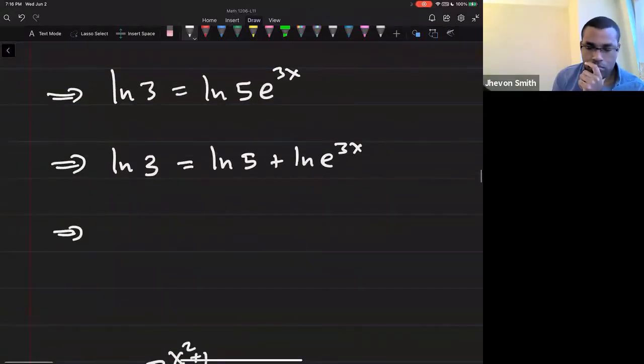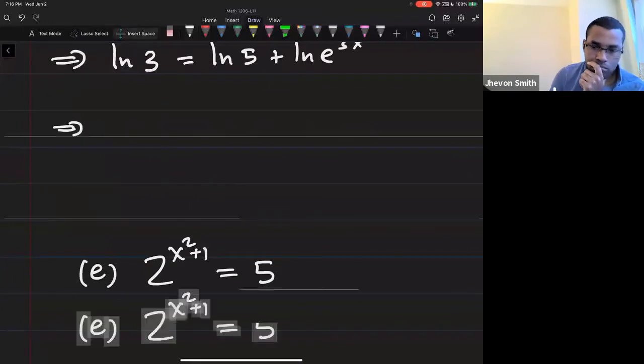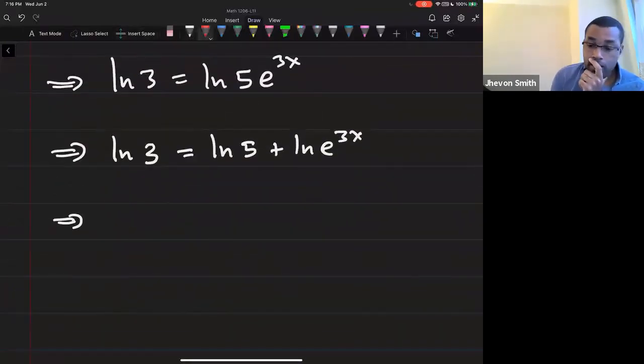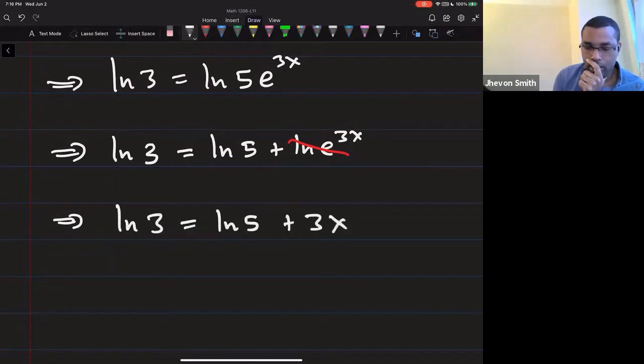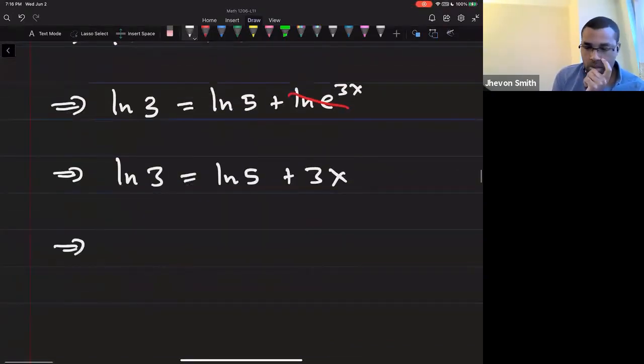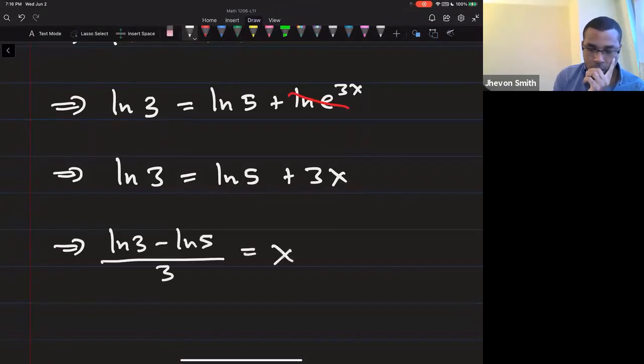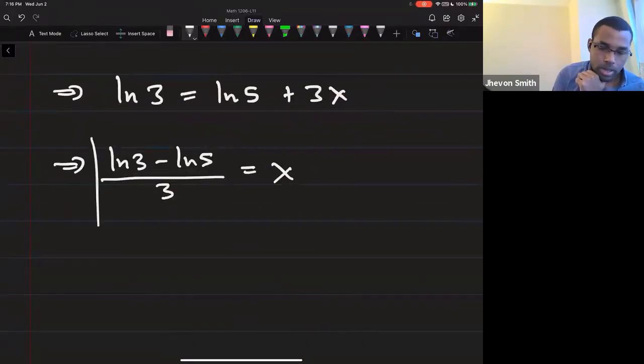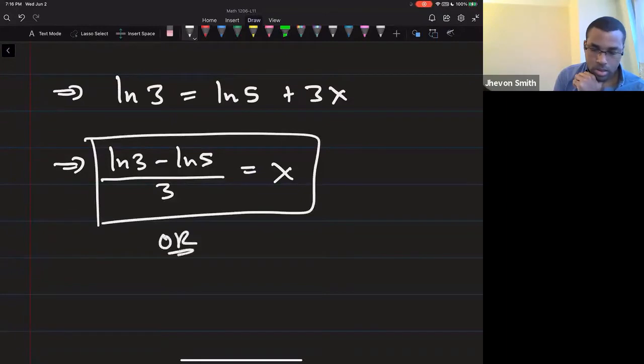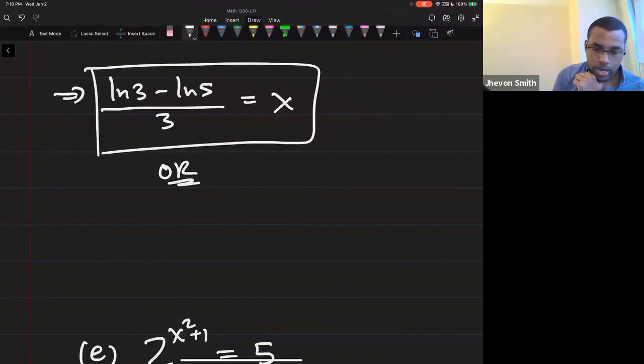And then use your log rule to bring the 3x out front of the ln term that it's on. Yeah, and you can even just cancel that straight away. Yeah. So we have ln 3 equals ln 5 plus 3x. Move the ln 5 to the other side, divide both sides by 3. You could get that. Or you can get that your x is ln of 3/5.